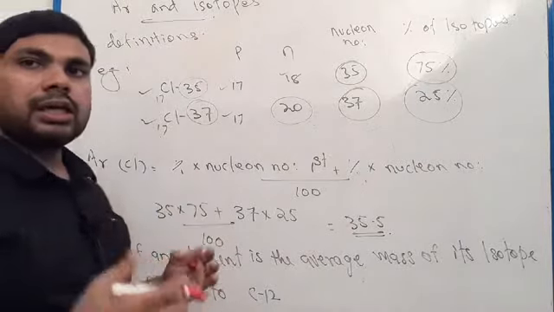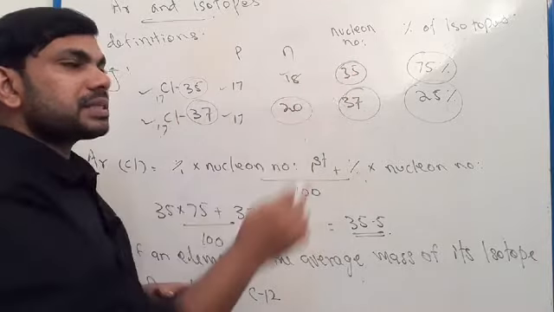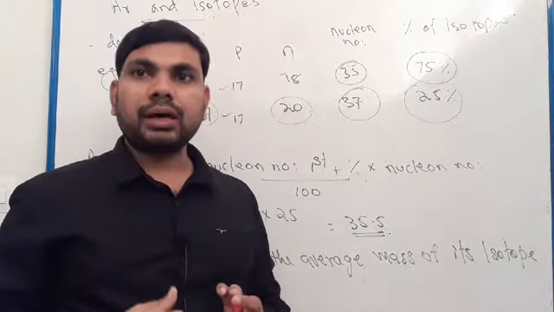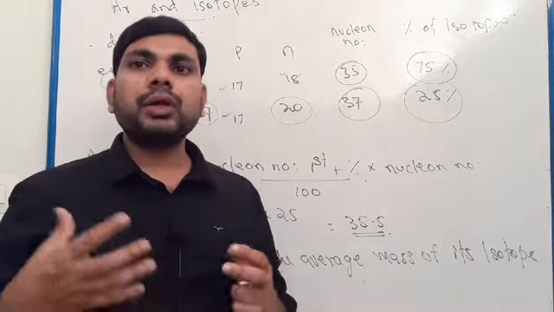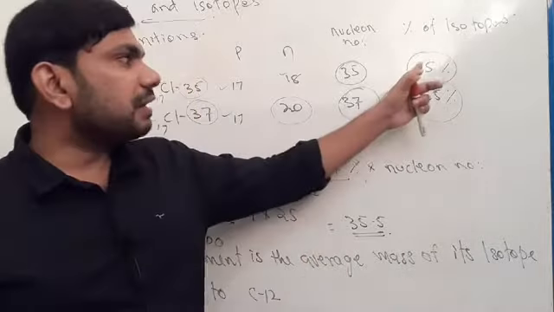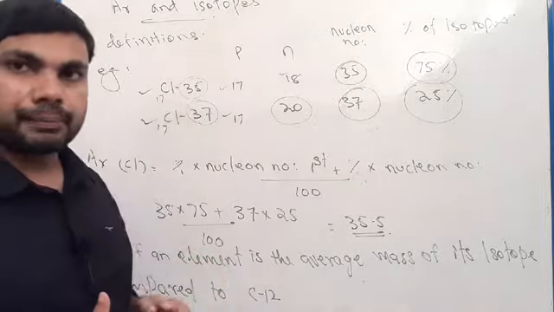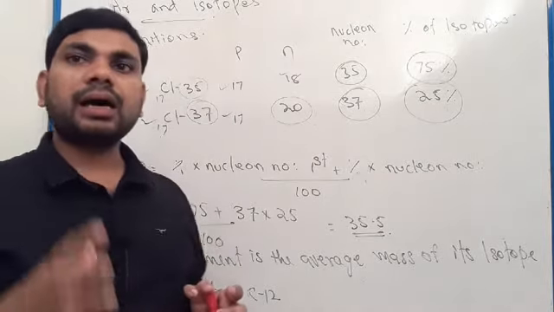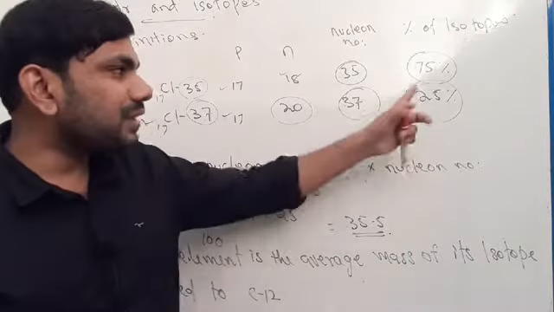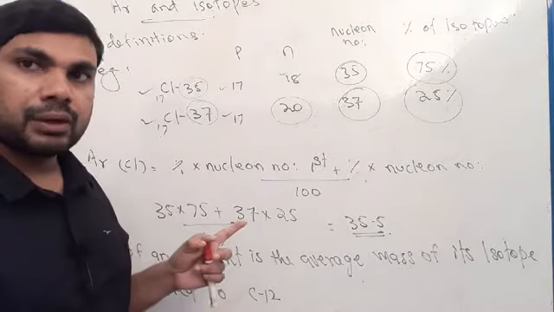In nature, chlorine 35 is 75 percent of the total availability of chlorine, and chlorine 37 is 25 percent.